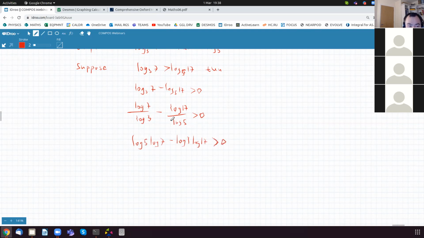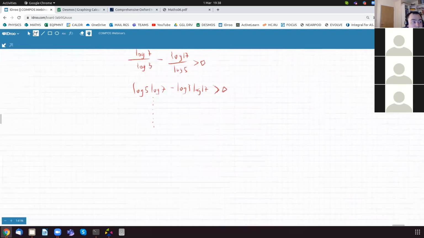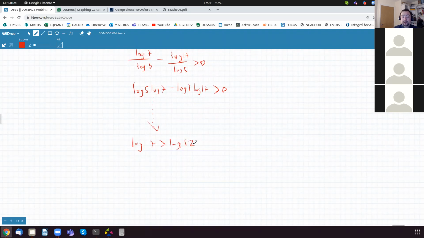I'm kind of getting rid of the bottom log, so I'm multiplying by log 3 and log 5. And you carry on until you get something that is true. So let's say this leads to log 7 greater than log 12. You probably won't get that from here, but I'm just showing you the idea. Which is false.